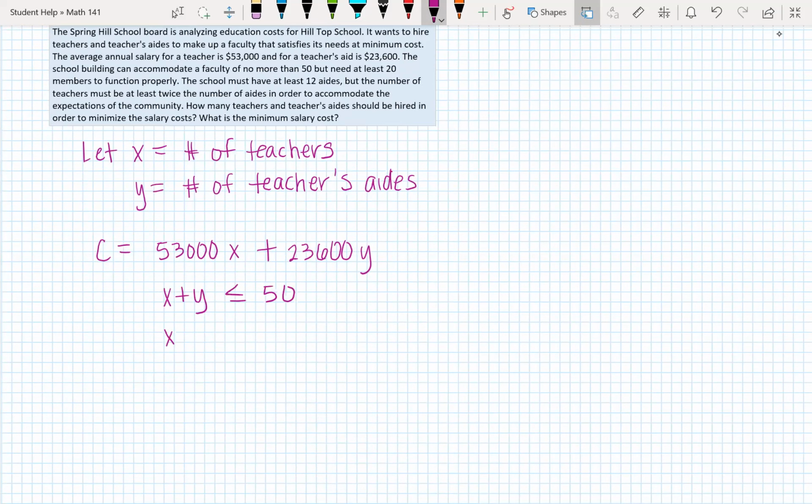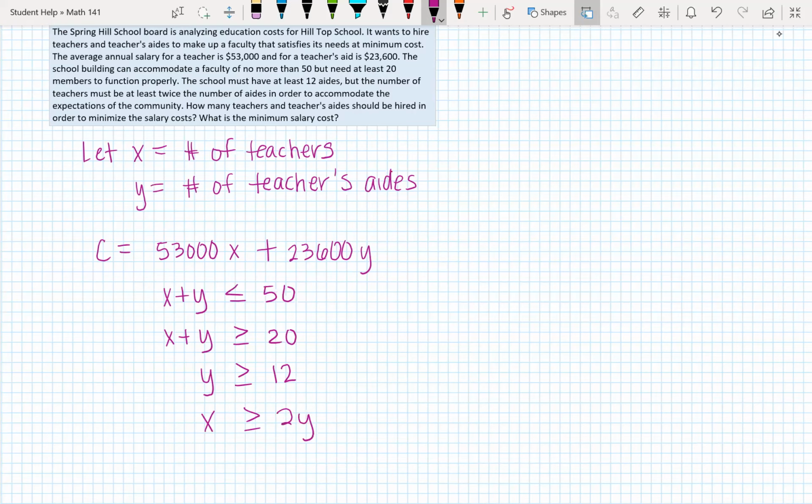And there also has to be a minimum of 20 people, probably based on the number of children at that school. And then we also need to have at least 12 aides, also probably based on the demand for certain needs of students. And then the number of teachers has to be twice the number of teachers' aides.